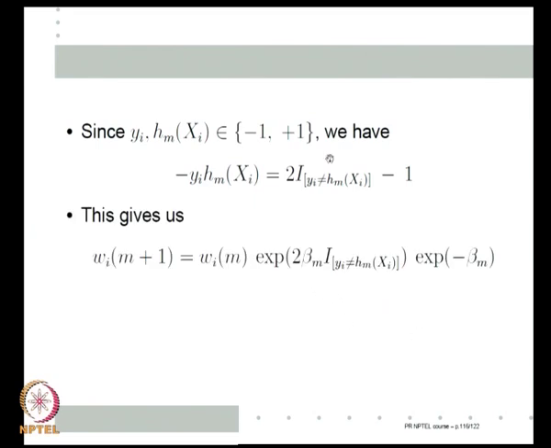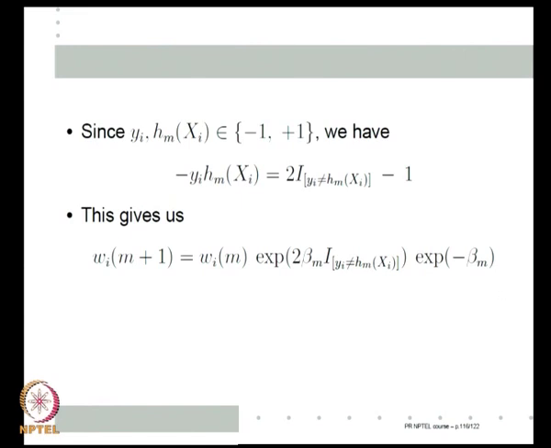The exponential will not have any minus, because minus yi hm xi is what is given by this. So, 2 beta m indicator of this into this, minus 1 will simply give me exponential minus beta m. Now, the 2 beta m is exactly equal to alpha m. So, this is Wi m plus 1 is Wi m exponential alpha m I y not equal to hm xi, into some exponential minus beta m.